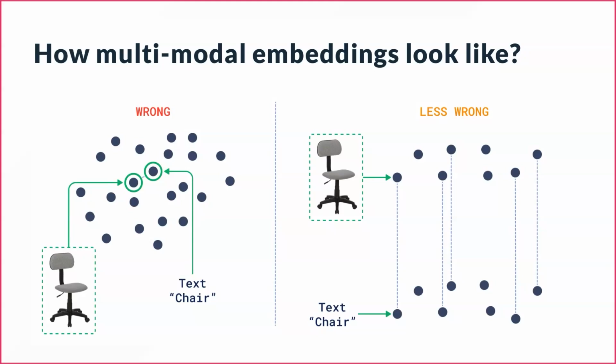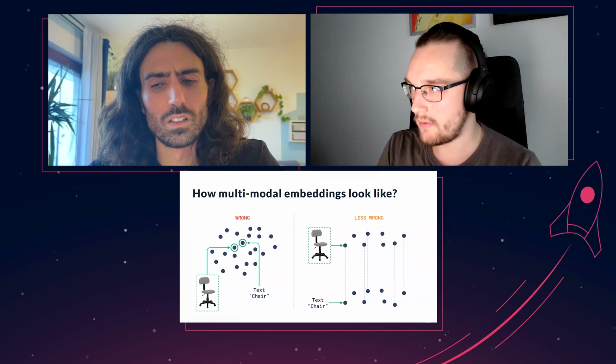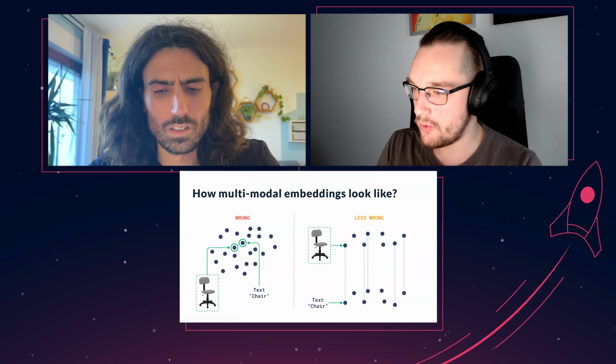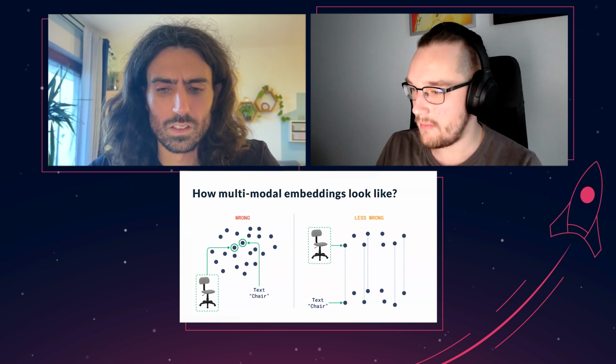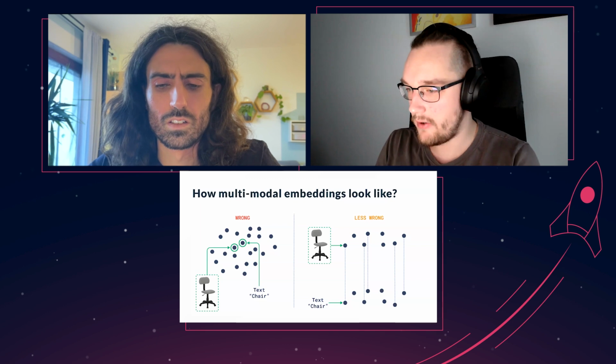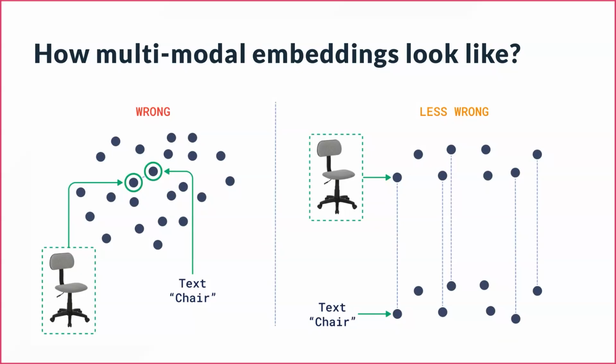But this alignment doesn't guarantee that vectors will be fused together. They will still be in two separate planes, but those planes will be arranged so text of the chair is closer to picture of the chair if you don't have any other texts. Let's call it like this. So it's relative distance, it's not absolute distance.